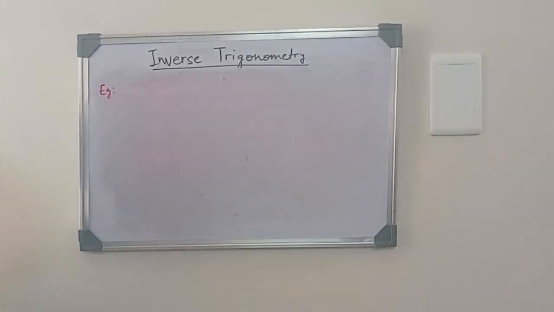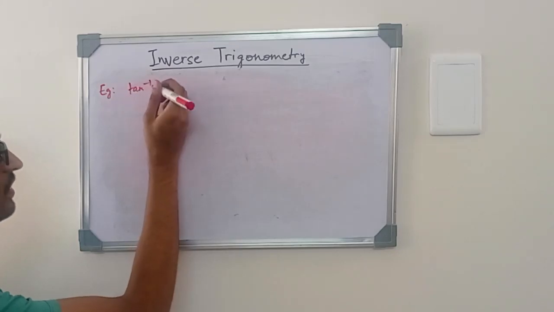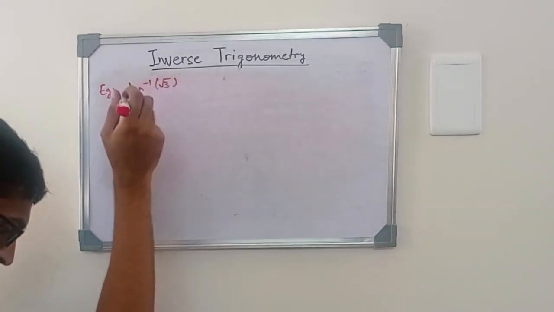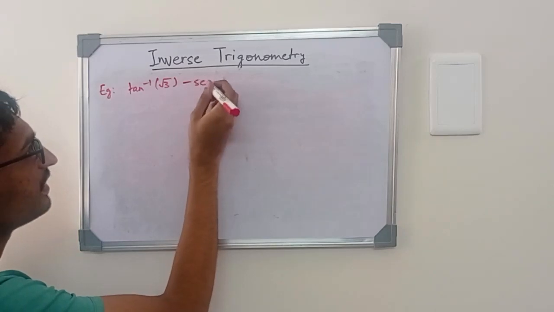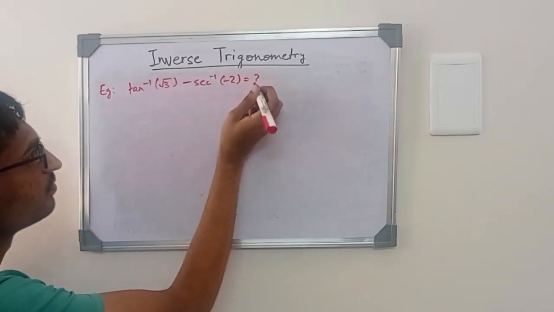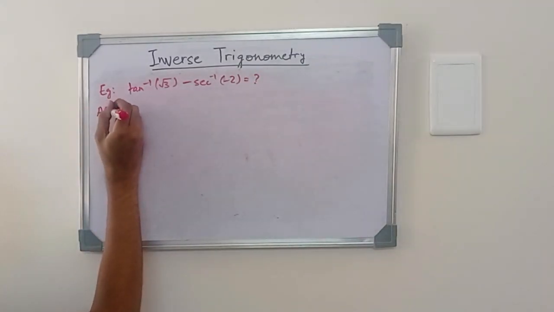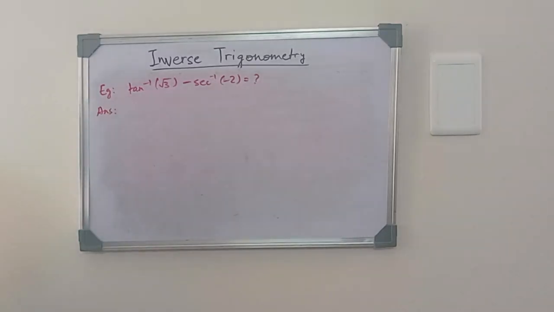Now as another example, let's take this one. We are asked to find tan inverse of root 3 minus secant inverse of minus 2. So we need to evaluate two inverse trigonometric functions here.